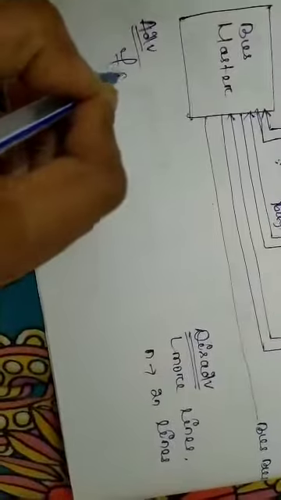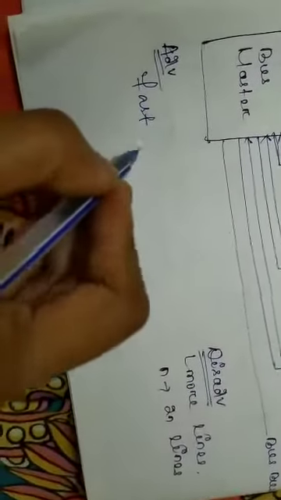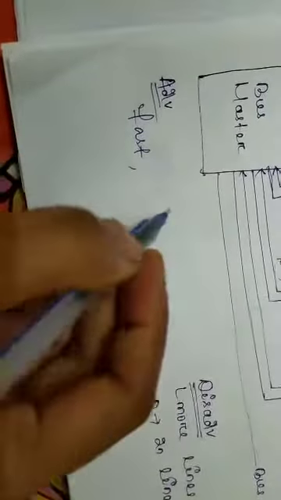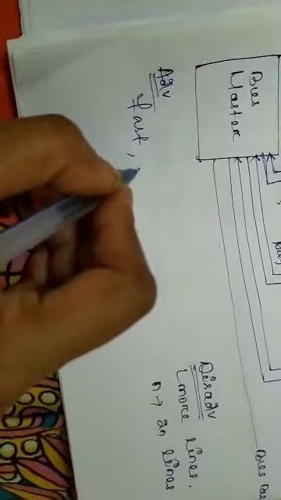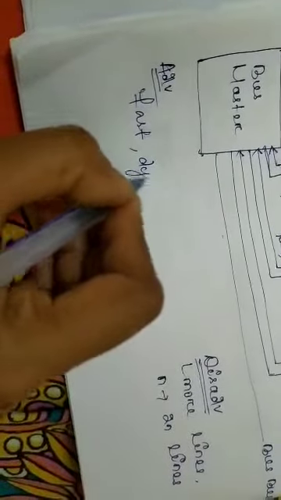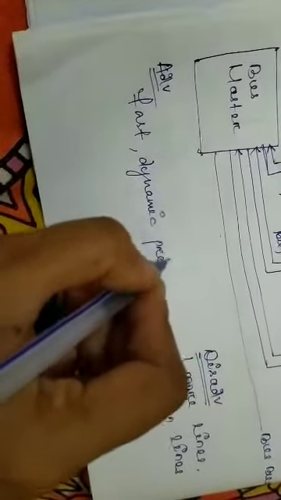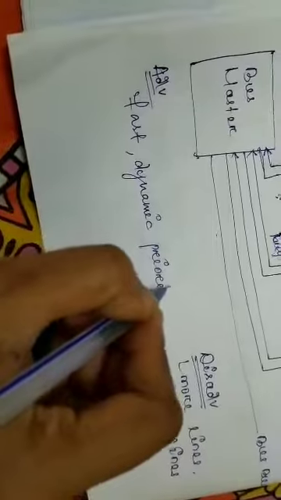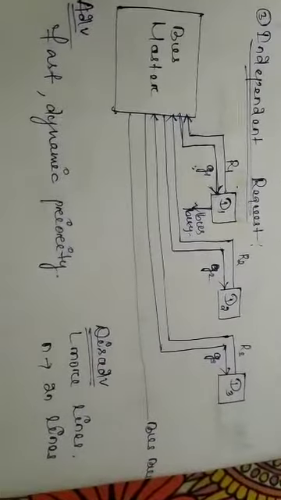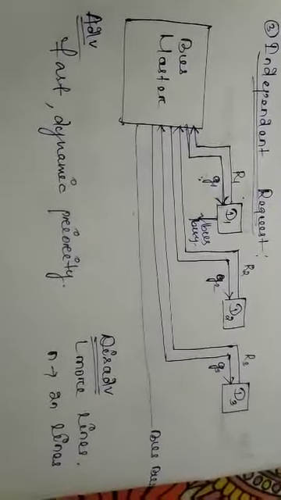And the advantages of this are that it is fast, and it has dynamic priority. Dynamic means that at the time of sending the request it will set the priority.